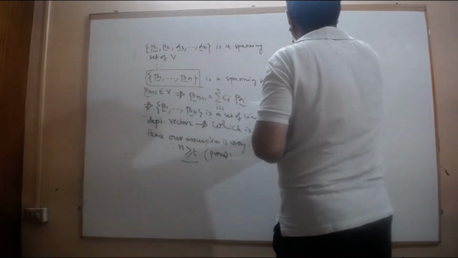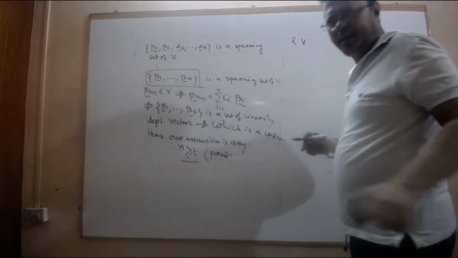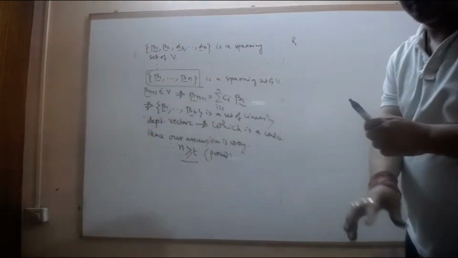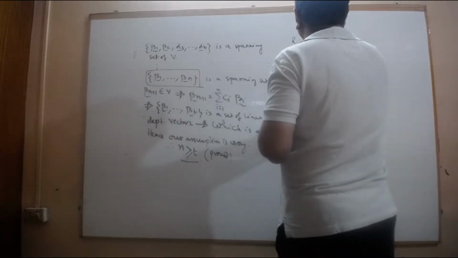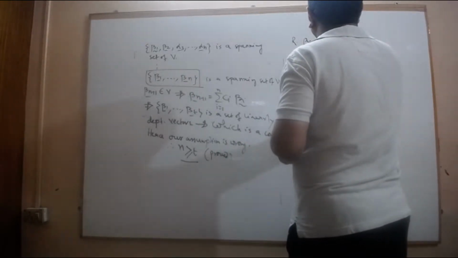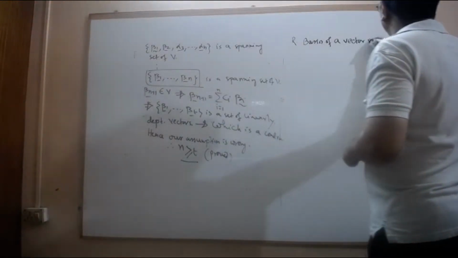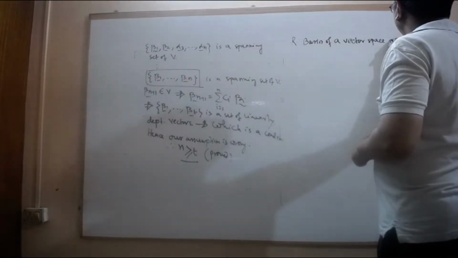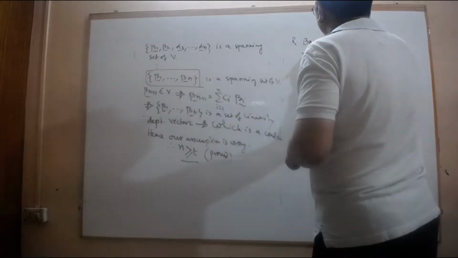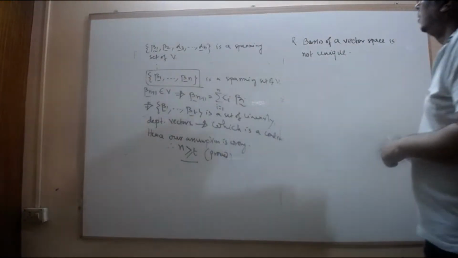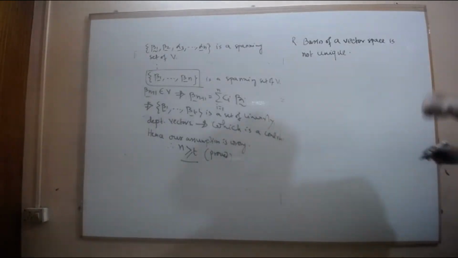Result: basis of a vector space is not unique. Proof.